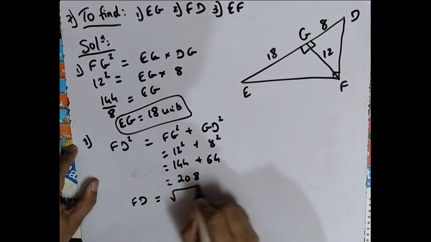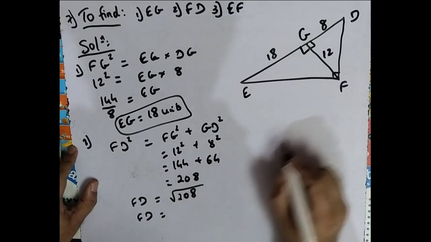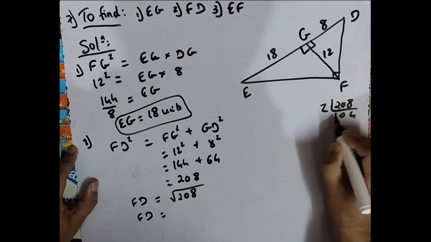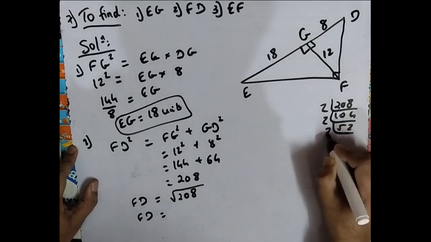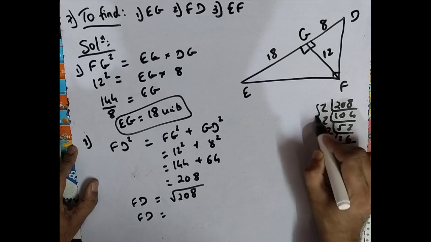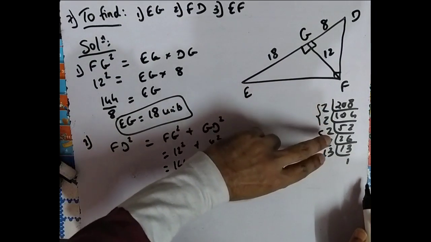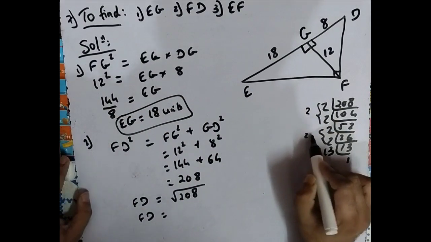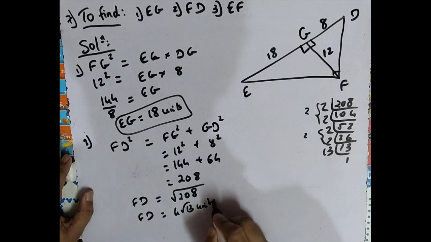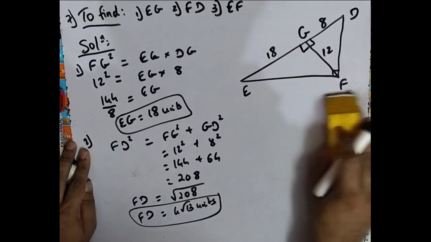FD will become root 208. Now we will have to factorize 208. 2 104, 2 52s, 2 26 are 2 13s are 13, 1s are 13. 2 into 2, out of these two 2s we take one 2, out of these two 2s one 2. 2 into 2, 4 root 13 units. So FD answer we have got is 4 root 13 units.